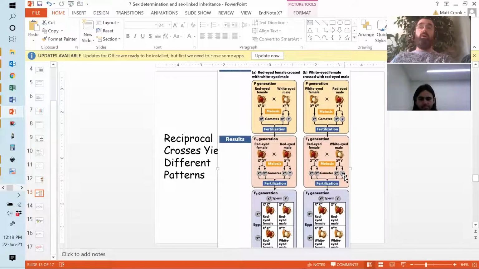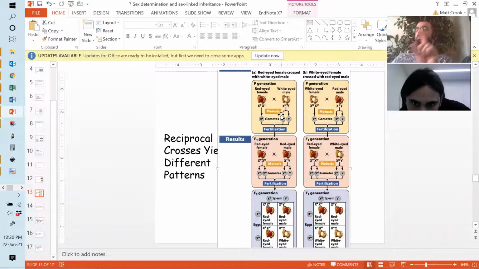So if we were to do a monohybrid cross, but now with genes on the X chromosome, like the white gene, which results in white-eyed males, it matters a great deal which way round you do that cross. Essentially a white-eyed male is white-eyed because it has one recessive allele.